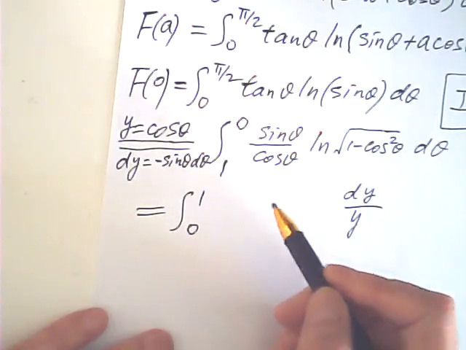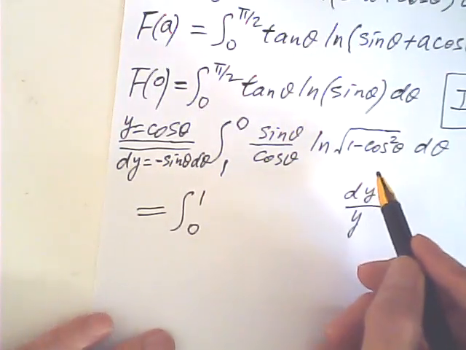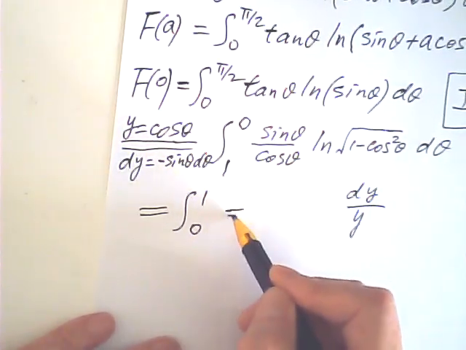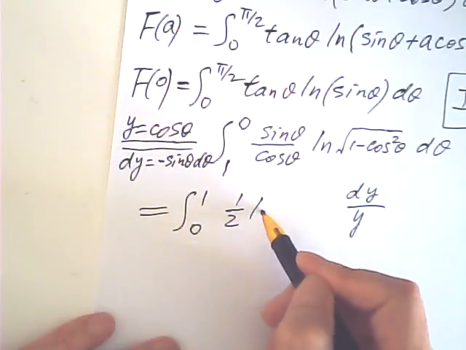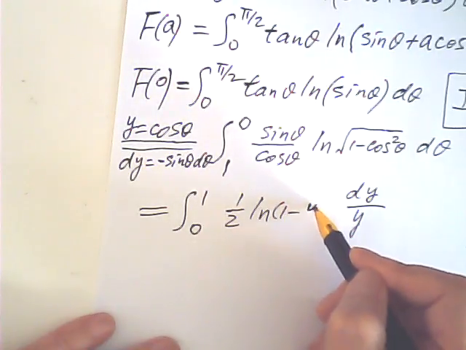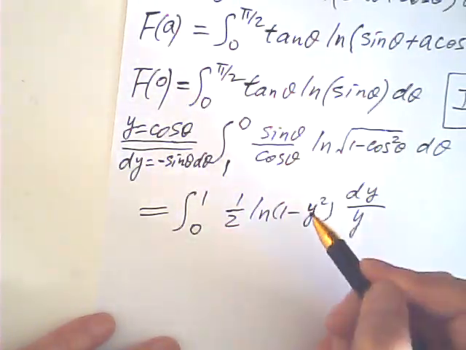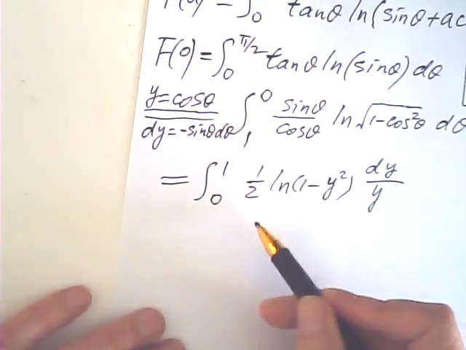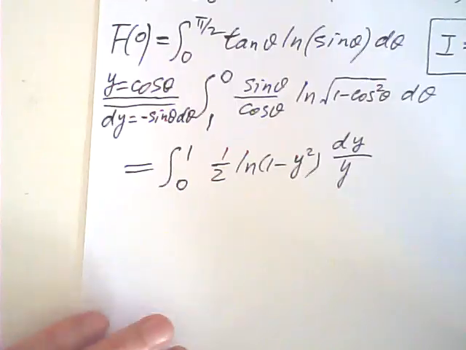Okay. Then this becomes what? This becomes a half log 1 minus y squared. Very good. We finished the conversion.